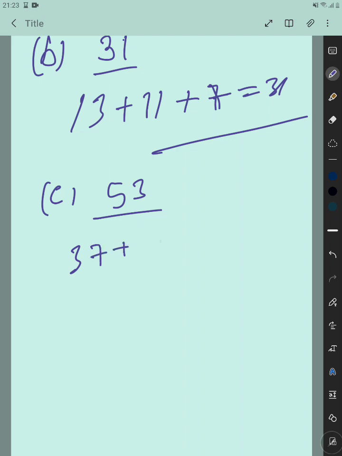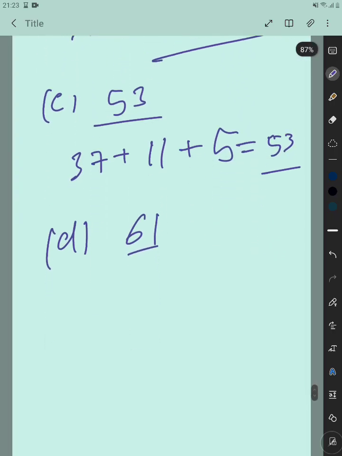Then let's take 11. Then it will be 48, and then 5. There can be many other combinations also. You can try yourself. This is 53. Now part D is 61.